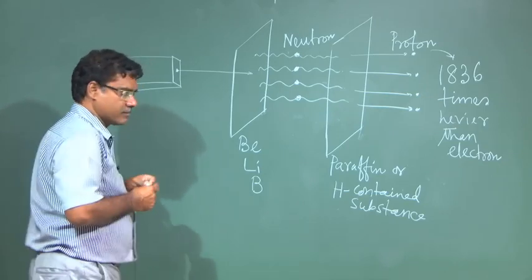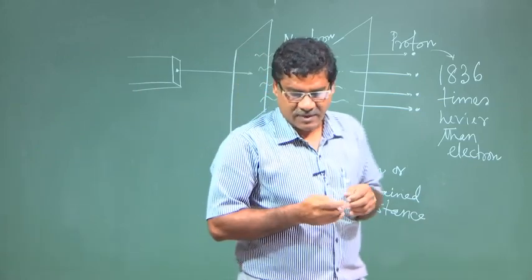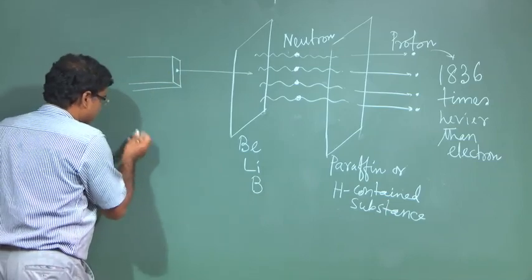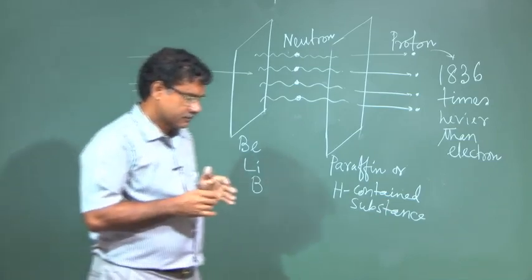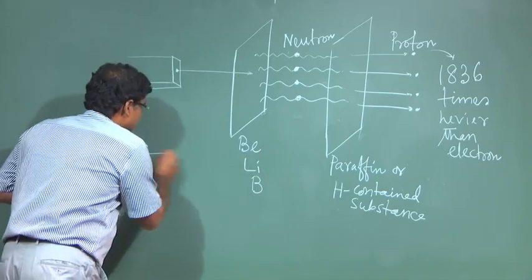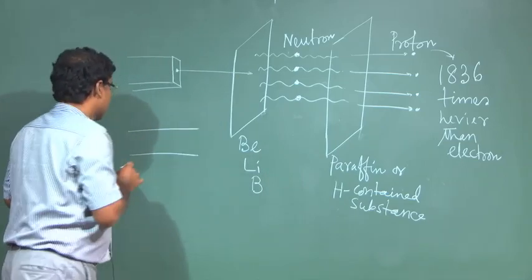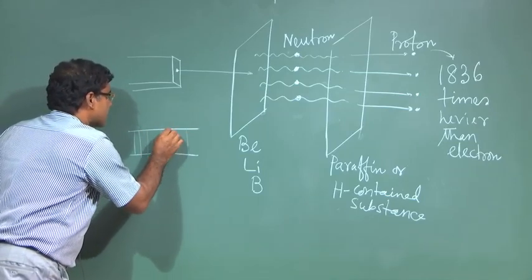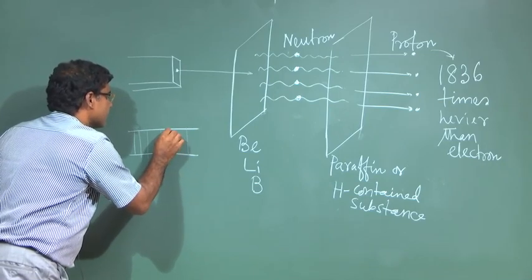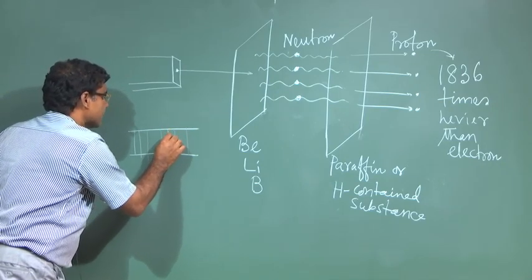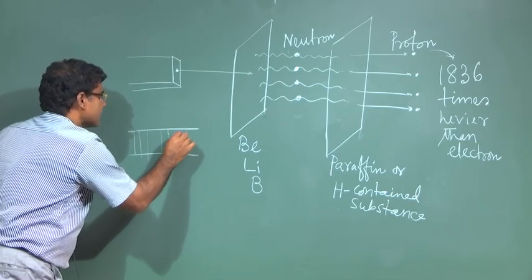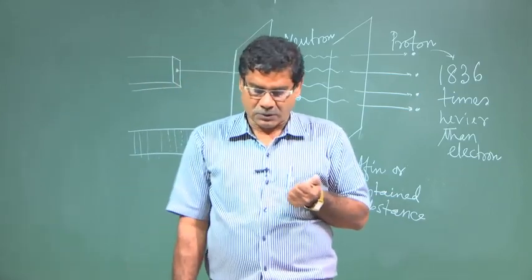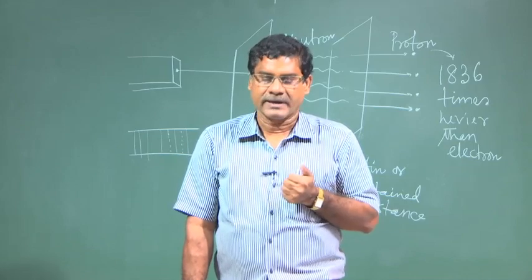Another observation by Fraunhofer: what was that observation? In the spectra of sunlight, there are some spectral lines, but some lines are missing, black lines. Very few, but some lines are missing. That is called dark absorption lines.